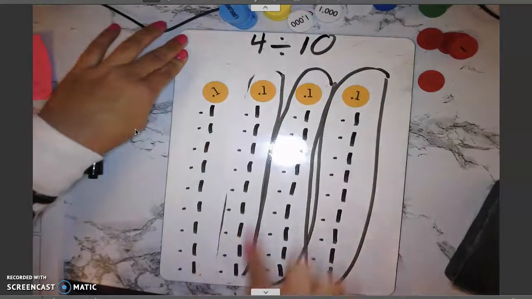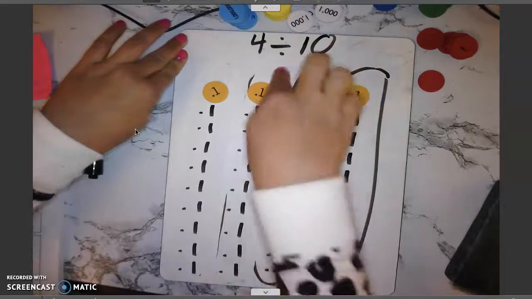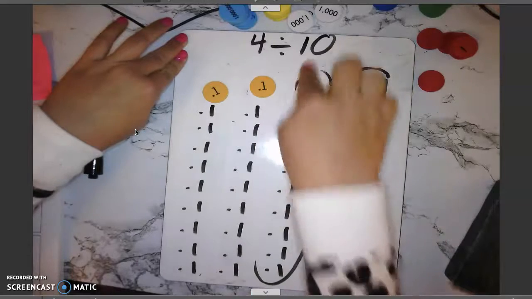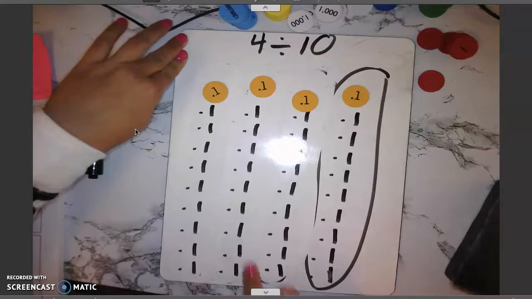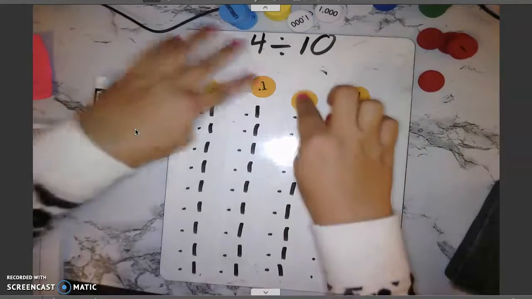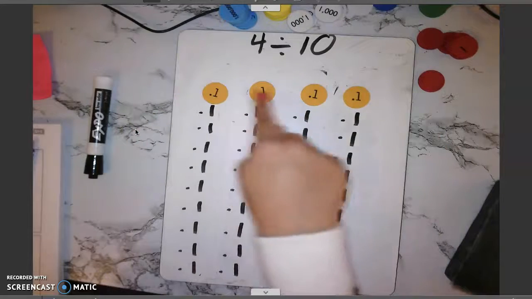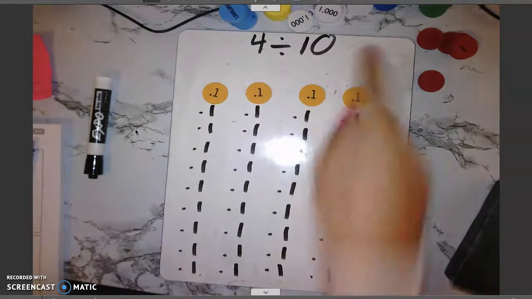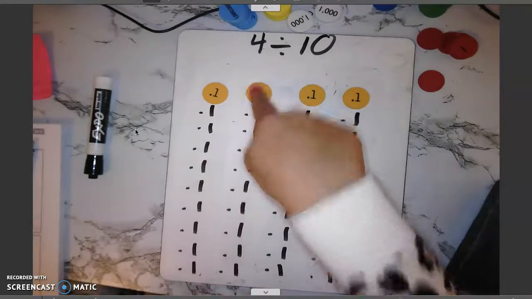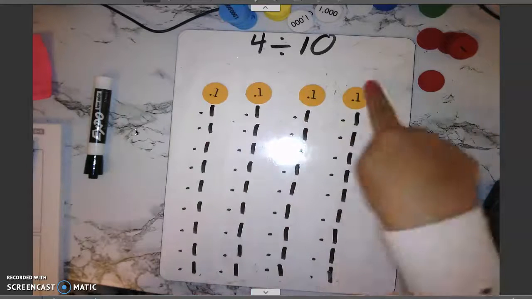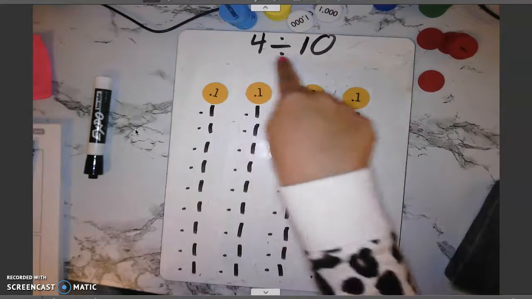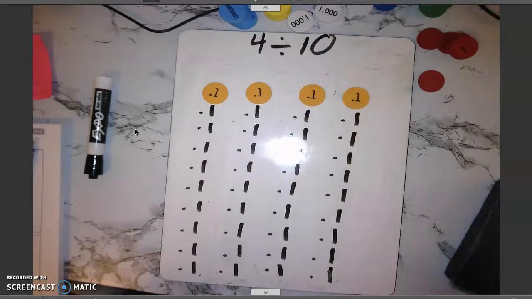When I was making my groups in our first problem, we saw that 4 groups of 10 tenths was the same as 4 wholes. Remember, these tenths are part of my groups. So, here I still have 4 wholes. I'm going to take my 4 wholes now and divide them into 10 groups.